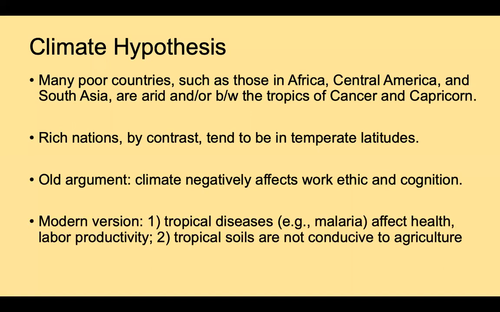But the modern version of this hypothesis doesn't focus on supposed tendencies of laziness that result from hot weather. It focuses instead on more benign and maybe more logical claims about tropical diseases like malaria that harm health and labor productivity, and tropical soils that are less conducive to agriculture.